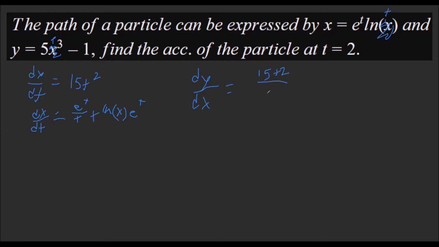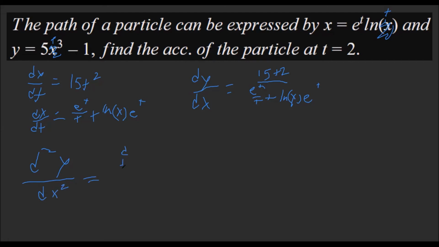So dy/dx is equal to 15t squared over e to the power of t over t plus natural log t times e to the power of t. However, we have to find the second derivative. So we're going to start out by equating the second derivative to something, and that is just the general form for it.